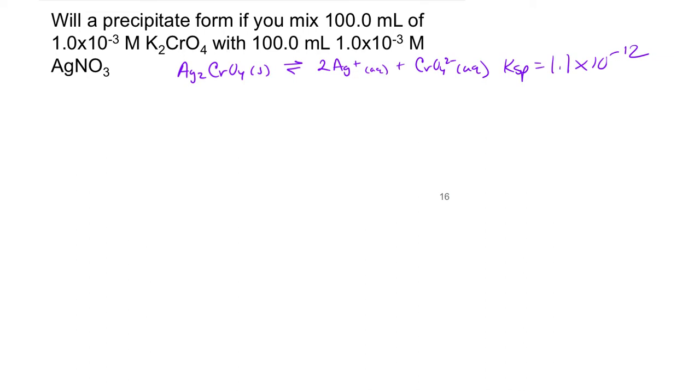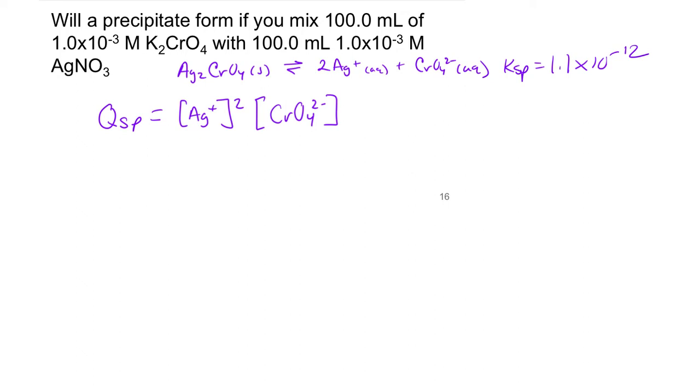All right. So what we first need to do is calculate Q. We set up Q just like we do K. We're going to have our silver ion squared because of the stoichiometric coefficient of 2 times the chromate ion, CrO4 2-. And we're going to calculate what Q is, given the concentrations that are stated in the problem.